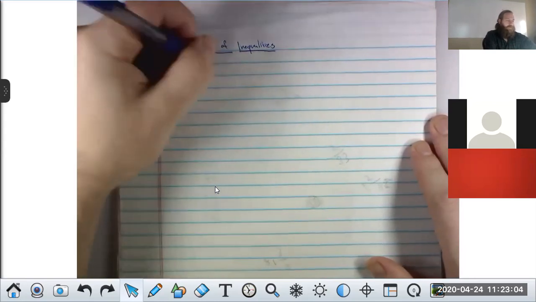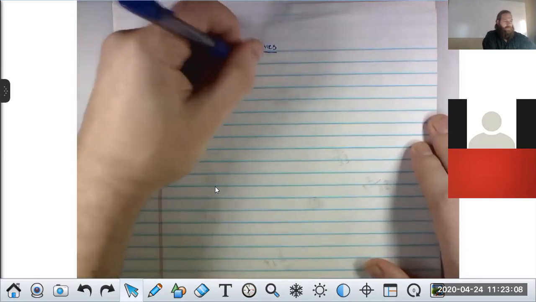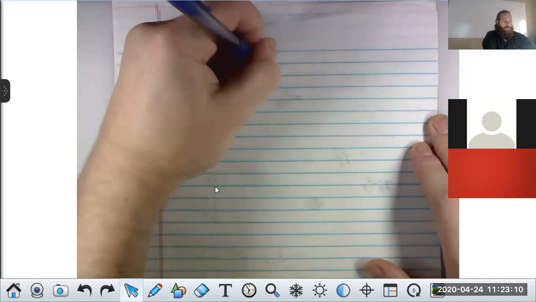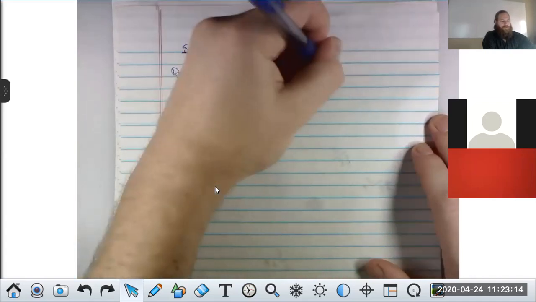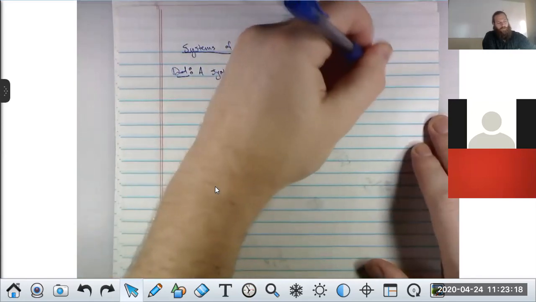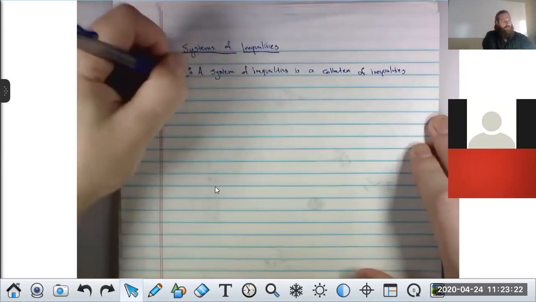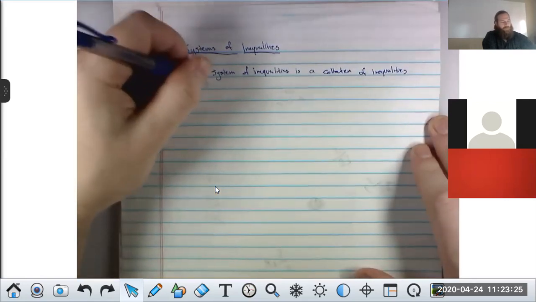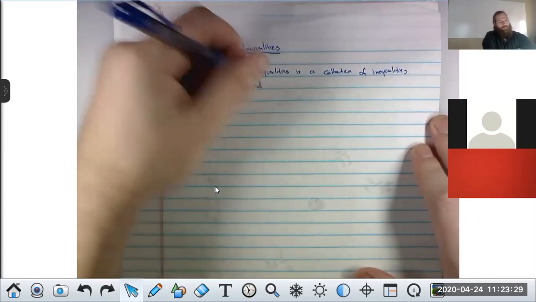So a system of inequalities is what it sounds like. It's a collection of inequalities meant to be solved simultaneously.